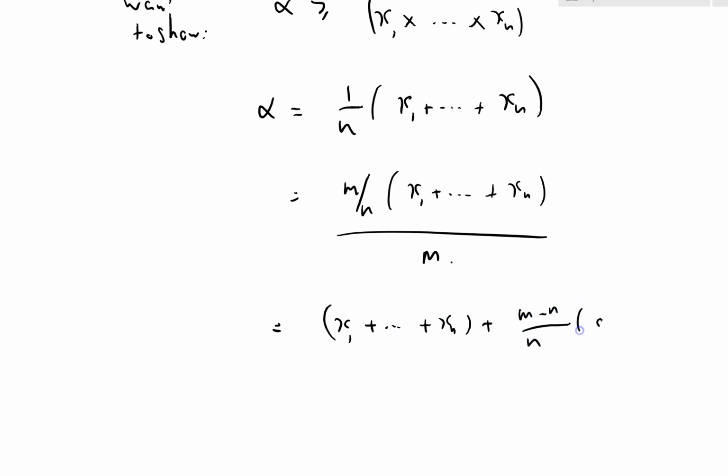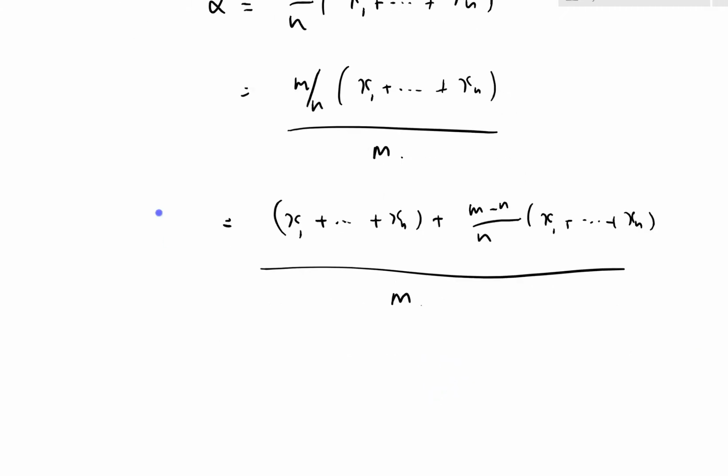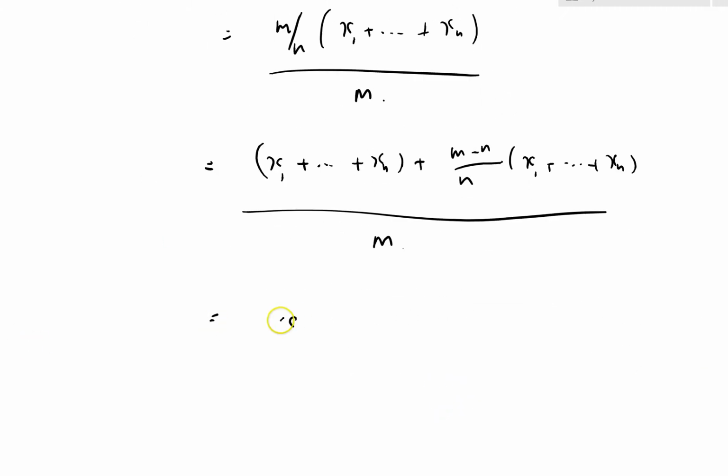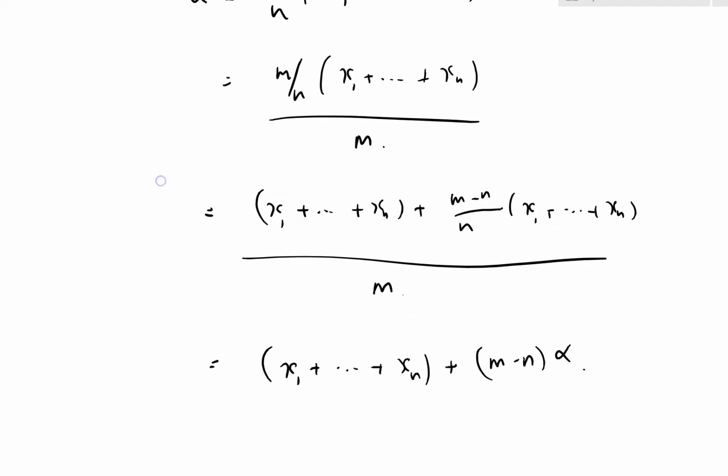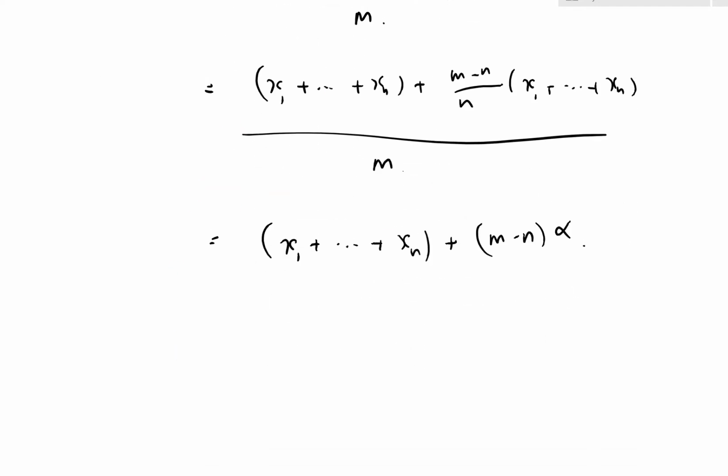I know it looks a bit odd, just bear with me. That equals (x1 plus dot dot dot plus xn plus (m minus n) alpha) over m. By definition, alpha is the arithmetic mean of the first n variables.